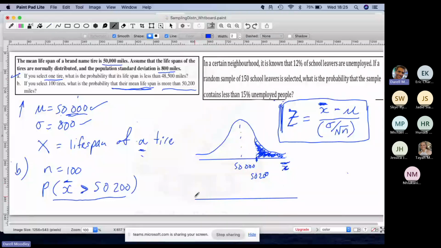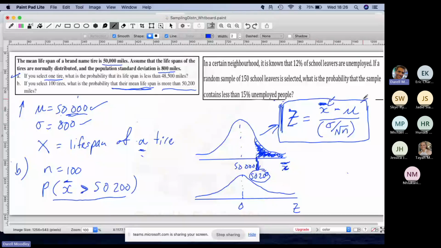Okay, this is my equivalent Z curve. Now remember, it's Z on the axis and it's centered at 0. I need to convert this 50,200, this value here, to a Z value, and I do that using this formula. So I'm going to put 50,200 into my X bar, because that's what the X bar is.